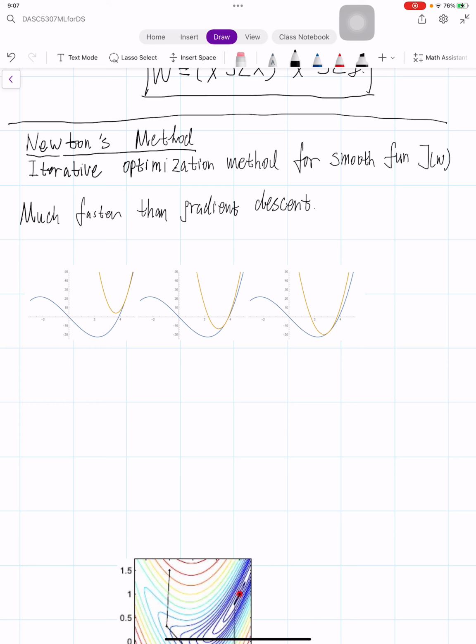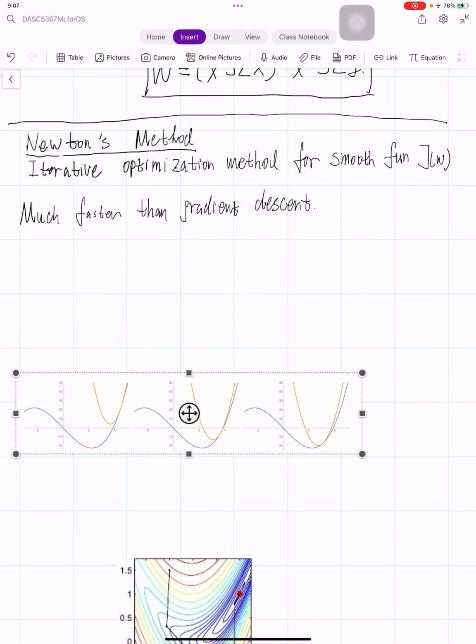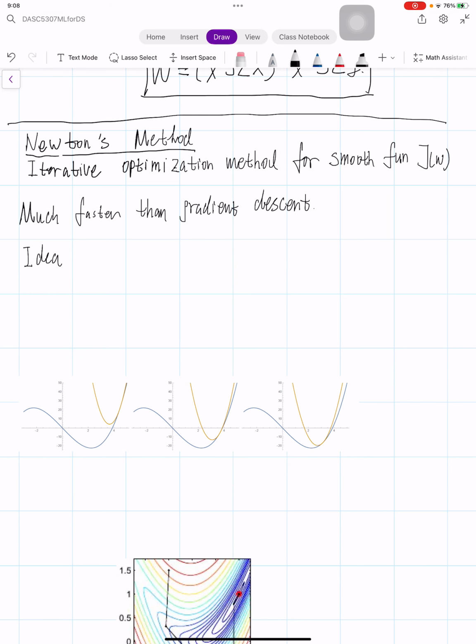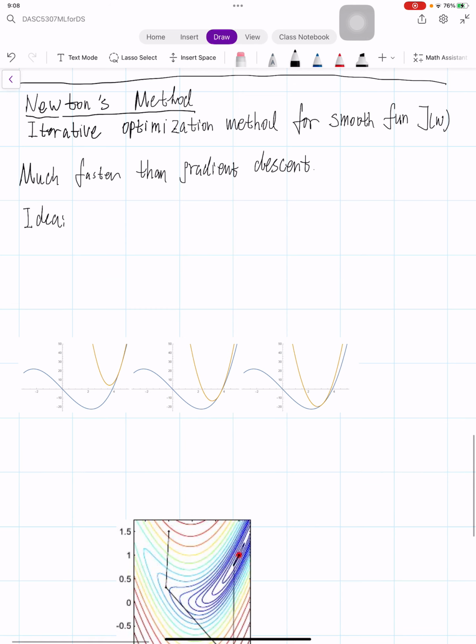So the idea is, you are standing at a point v.